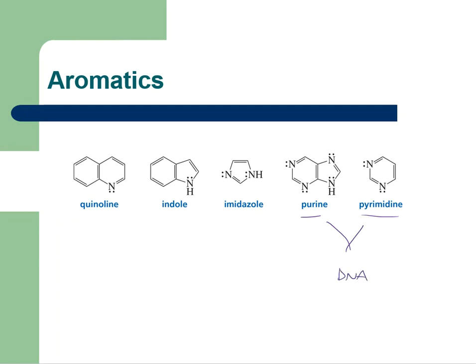So as you start to assemble DNA in your body, your DNA strands are composed of various bases that we call A, T, G, and C. And these are the foundational building blocks that those adenine, thymine, guanine, cytosine kind of build upon in the DNA strand. So purine and pyrimidine, very common bases, but they're heterogeneous, right? They are ring systems, and those rings have things other than carbon in them, and we can see that.